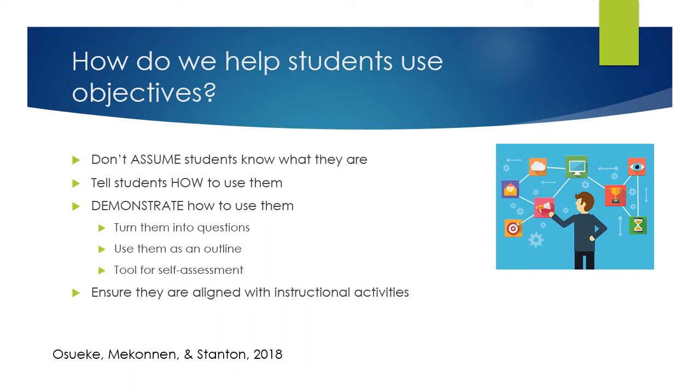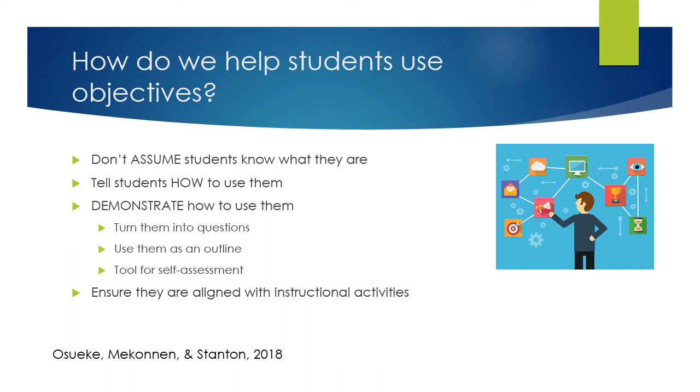And finally, this activity is not pointed specifically at the learners, but back at the instructor who's creating the learning activity. Make sure your learning activities are aligned with your instructional activities, because if they're not, then what you are telling your students is these objectives are really meaningless and don't even look at them.